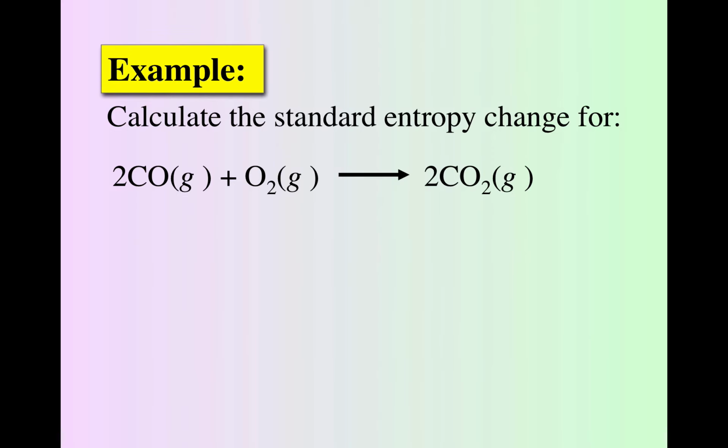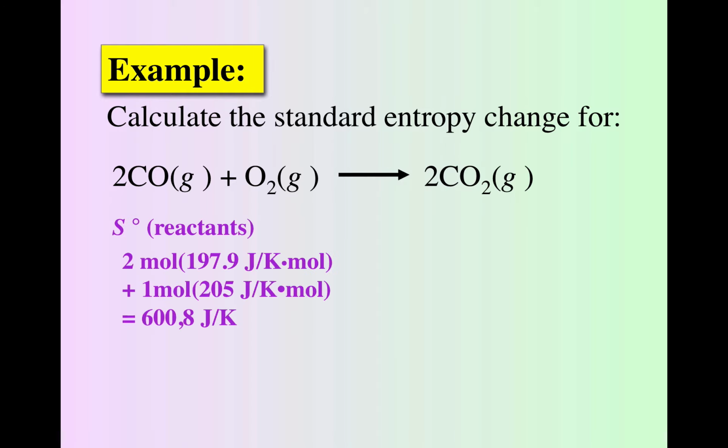So back to our situation, right? We've got 3 moles of gas going in, 2 moles of gas coming out. We already know that the sign on delta S is going to be negative. We're losing disorder. So I can look up on a table what the S of formation is for carbon monoxide and for oxygen at standard state. Hey, notice for oxygen, whereas with delta H's we just arbitrarily decided that they were going to be 0, there is a disorder measurement for elements in their standard state.